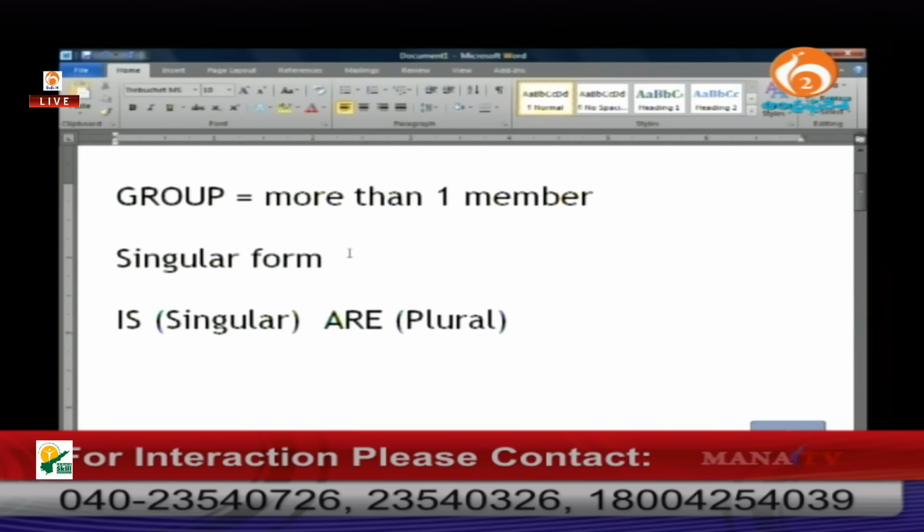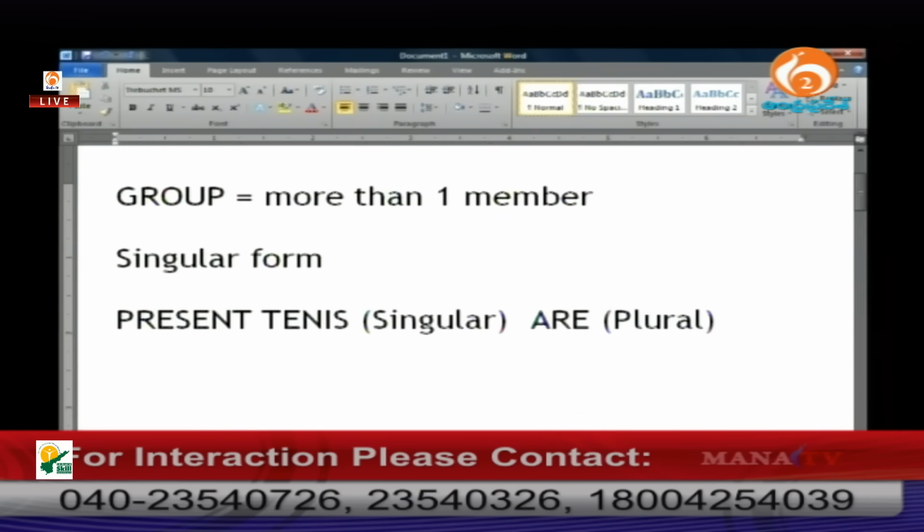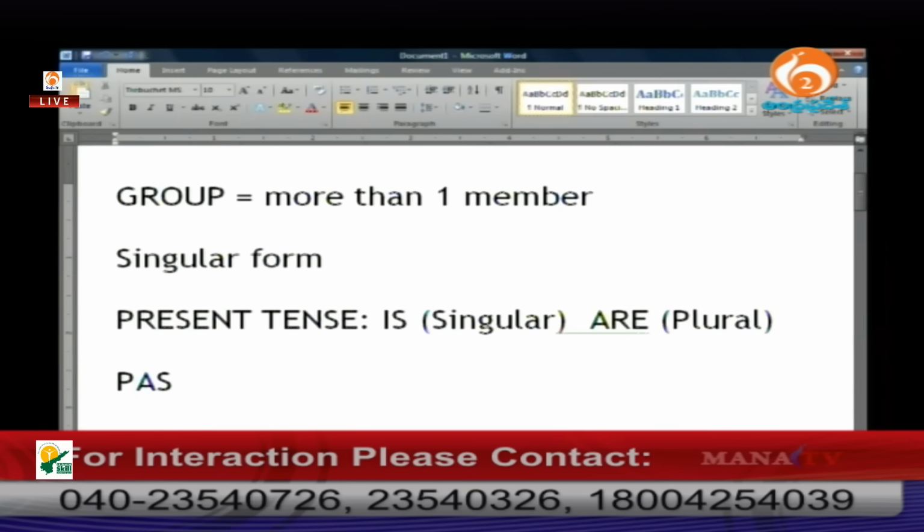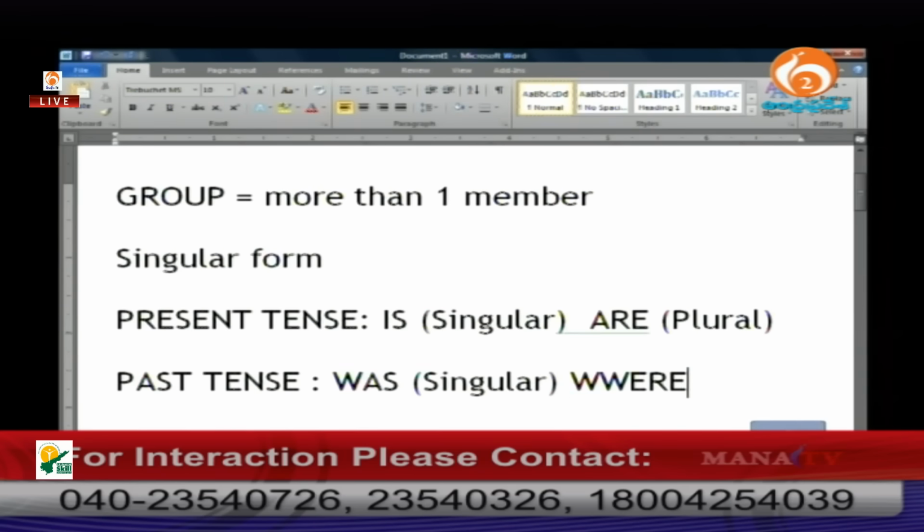This is present tense. If it's past tense, it will be was for singular, and what will be for plural? Were.